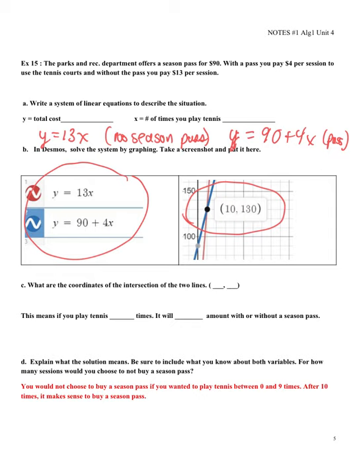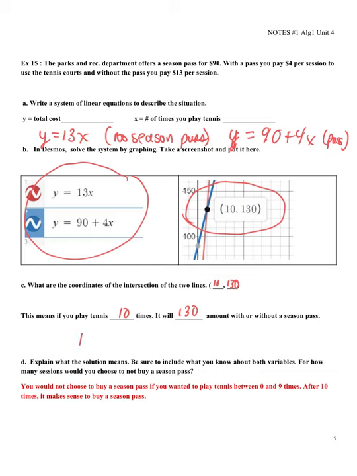All right, so if we want to stay organized, what are the coordinates of the intersection of the two lines? 10 and 130. This means if you play tennis 10 times, it will cost you $130, whether you have a season pass or you don't have a season pass.